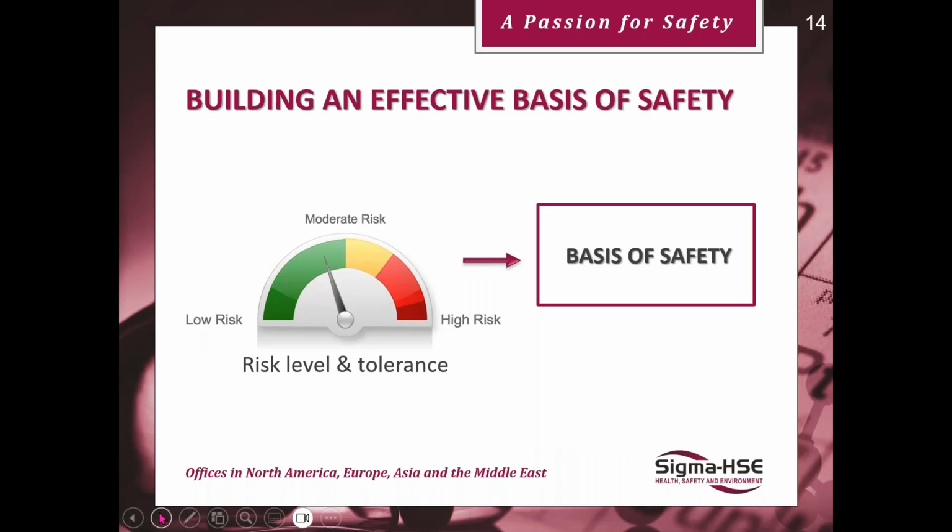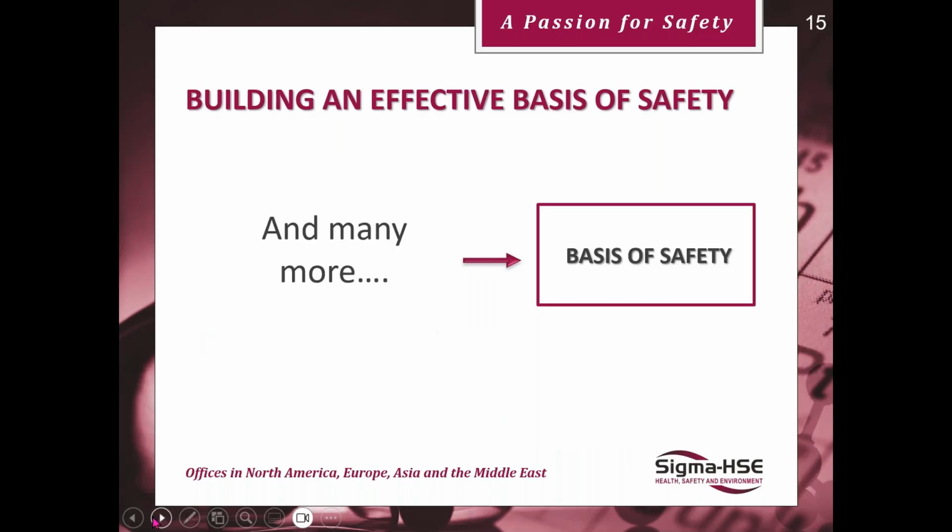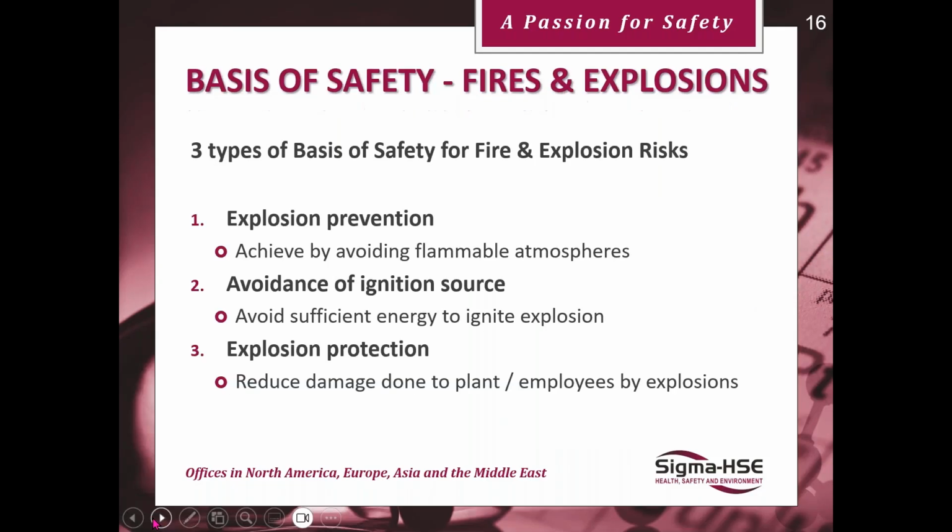So make sure you do your risk assessment correctly. And there are many more things that can form a basis of safety, which may be specific to your process, that you may feel need to be added to make sure the basis of safety is robust.